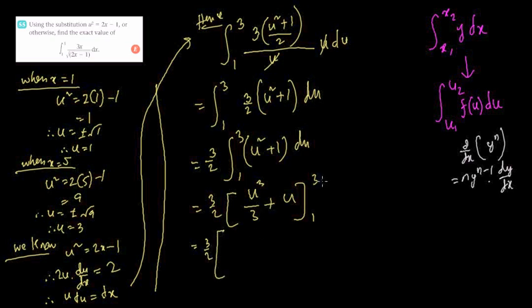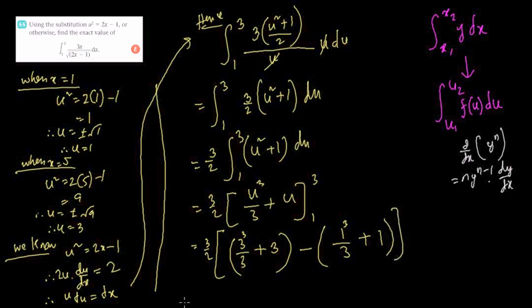As we put the limit here, 3 here would be 3 cube by 3 plus this would be 3. Remember, 3 by 2 is multiplied with the entire integral, minus, if I put 1, it would be 1 cube by 3 plus 1. So now by doing the calculation, 27 by 3 is 9. 9 plus 3 is 12, so this would be 3 by 2 times 12, minus this would be 1 by 3 plus 1, so 1 plus 3 is 4 by 3.